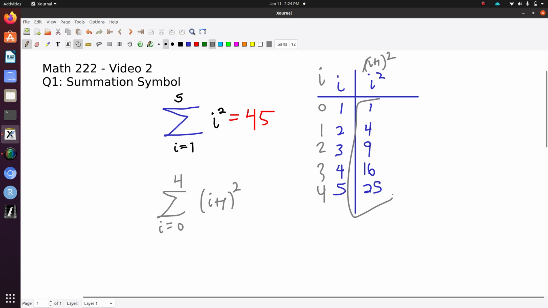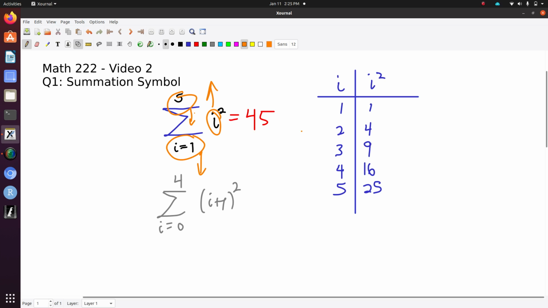But you see, this same column would have the same result because I've done what's called index shifting. I haven't actually changed the value of the summation, but I've taken these indices and pushed them down by 1, and then what's inside here, I push it up by 1. Okay, so those arrows have to go in the opposite direction. If the indices go down by a certain amount and the expression goes up by the same amount, then everything balances out and you're good to go.